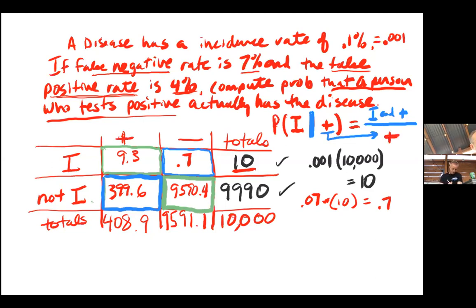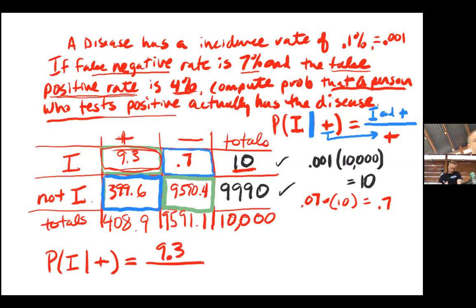So to find my probability, the probability I actually have the infection, assuming that I've already tested positive, will on the top be where the I and positives meet. I am positive is this box here, I and positive. So I have 9.3.